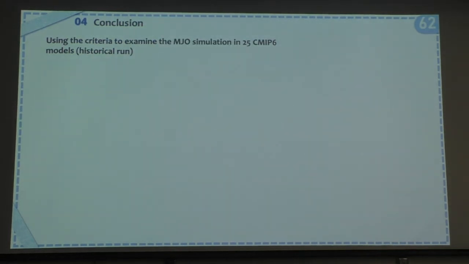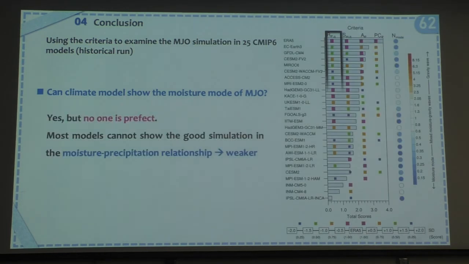In this work, we use criteria to evaluate the Andrew simulation in 76 models, especially the multi-mode criteria. We want to know whether the current models can show a multi-mode of Andrew over the Indian Ocean region. The answer is yes, but based on these criteria, we know no model can show perfect results over here.